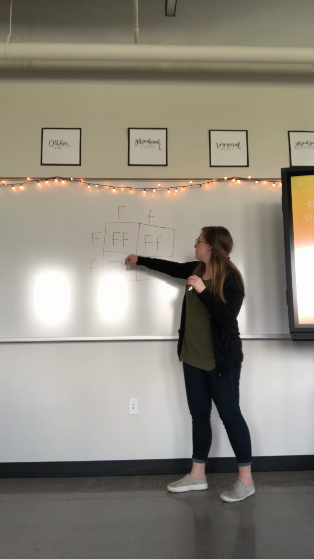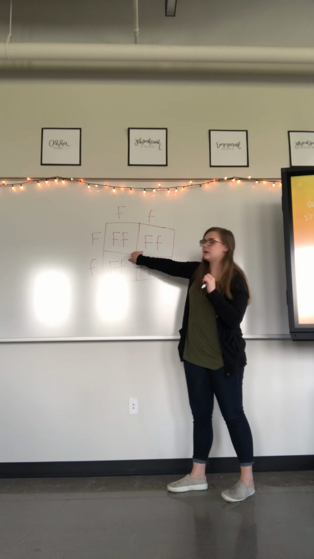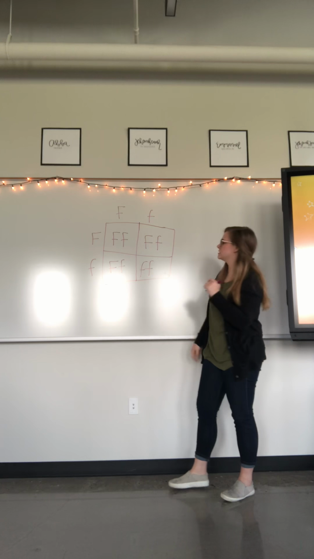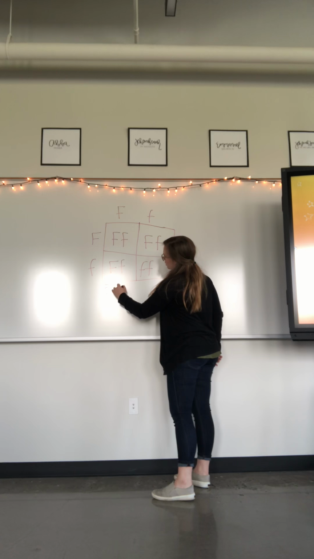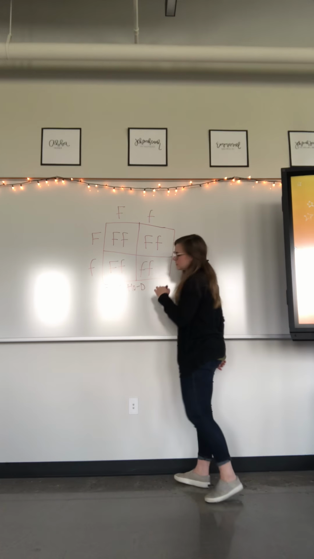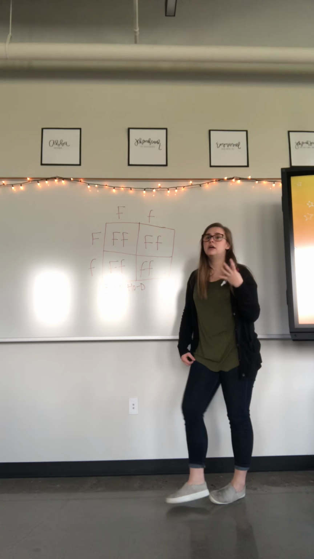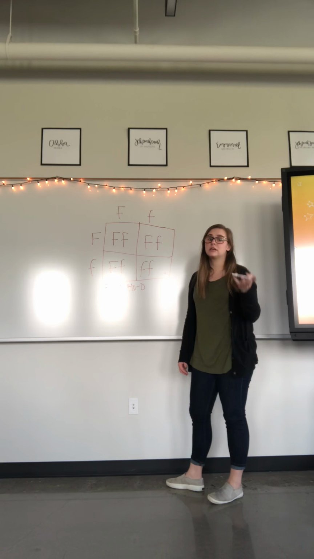So all of that being said, up here, I have one homozygous dominant, two heterozygous, one homozygous recessive. So I'm going to have 25% that are those homozygous dominant. So I look at that and I say, okay, 25% homozygous dominant, does that mean that they're going to have freckles? Yes.